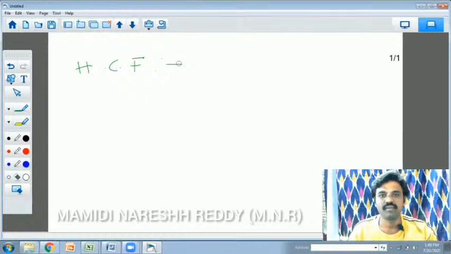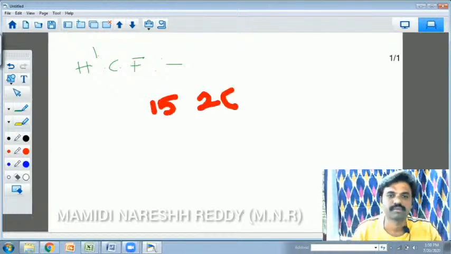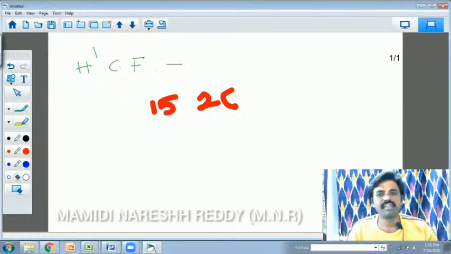For example, I'm taking 15 and 20. These are the two numbers and we need to find the HCF.